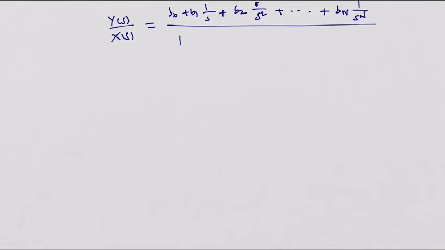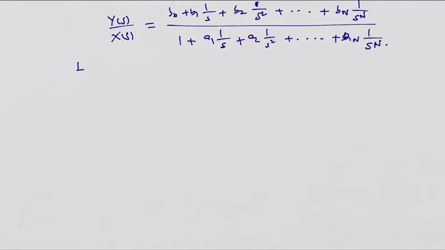You can notice that y of s by x of s is equal to b naught plus b1 1 by s plus b2 1 by s squared plus etc. The last term is bn 1 by s power n, the whole divided by, the first term of course being 1, then a1 1 by s plus a2 1 by s squared plus etc. If the terms are all rearranged, at one point it will become an 1 by s power n, because m is equal to n. You have to keep that in mind.